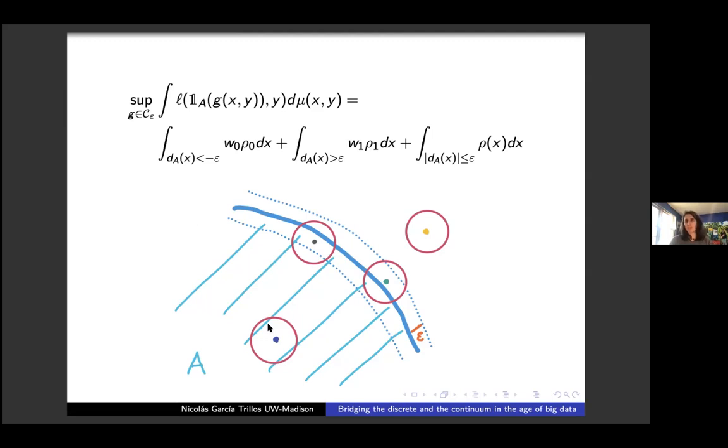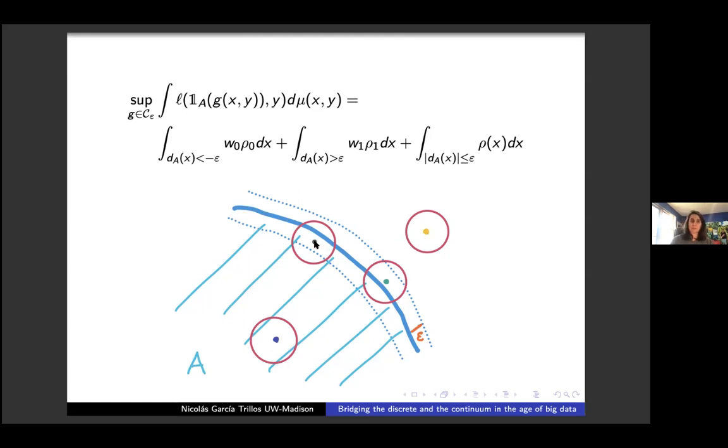There's nothing the adversary can do with these points. The same story happens over here: if a point is more than epsilon away from the boundary of the set, it cannot change the outcome of the classification, so it's not going to change the loss.